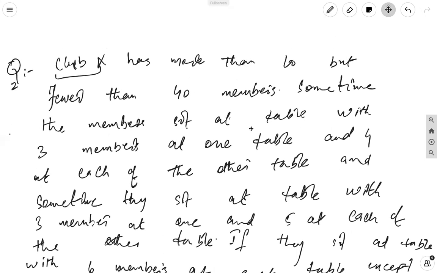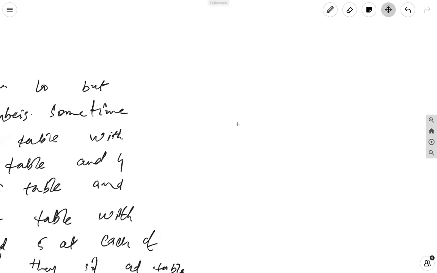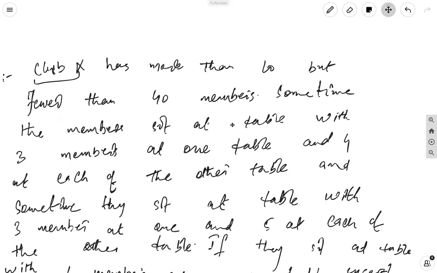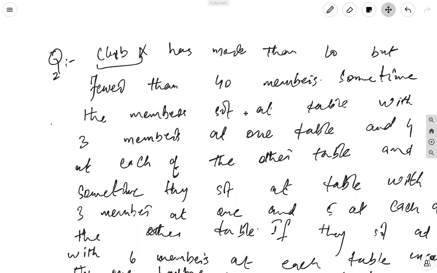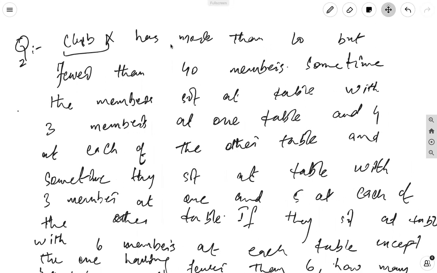The question was, club X, first of all, let's suppose the total members are M and that are between 10 and 40, right? The question was greater than 10 but less than 40. And the next is, whenever they sit at the table with 3 members at one and 4 at each of the other.